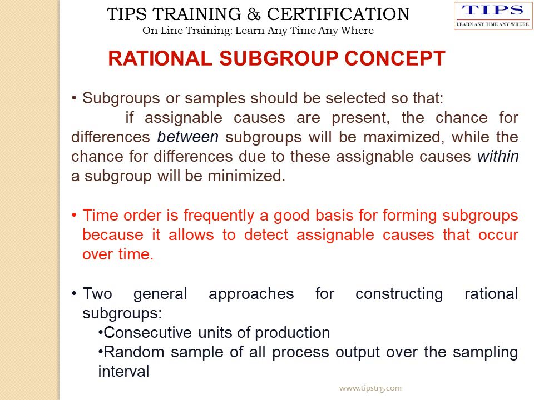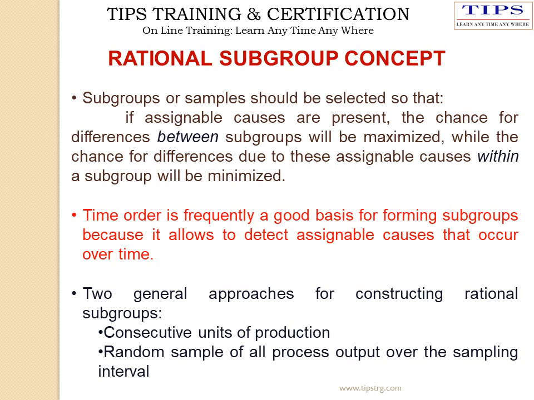Rational subgroup concept. What is meant by rational subgroup concept? Subgroups or samples should be selected such that if assignable causes are present, the chance for the differences between the subgroups will be maximized, while the chance for the differences due to the assignable causes within a subgroup will be minimized.